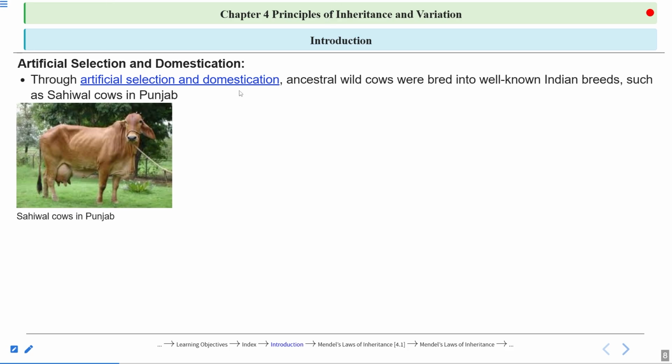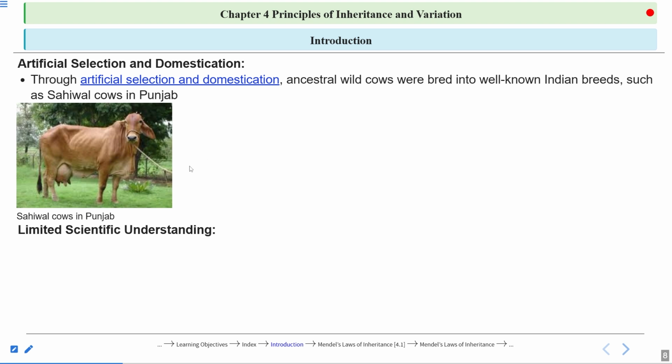So these breeds have been made through artificial selection and domestication.